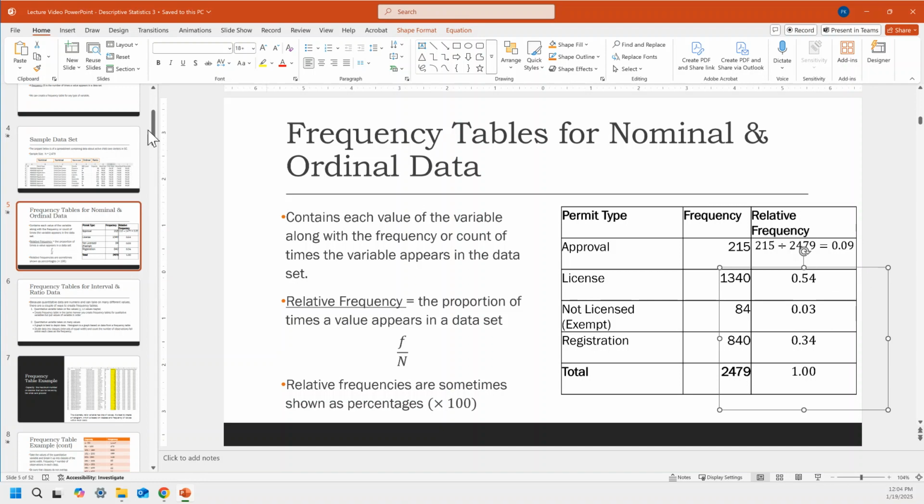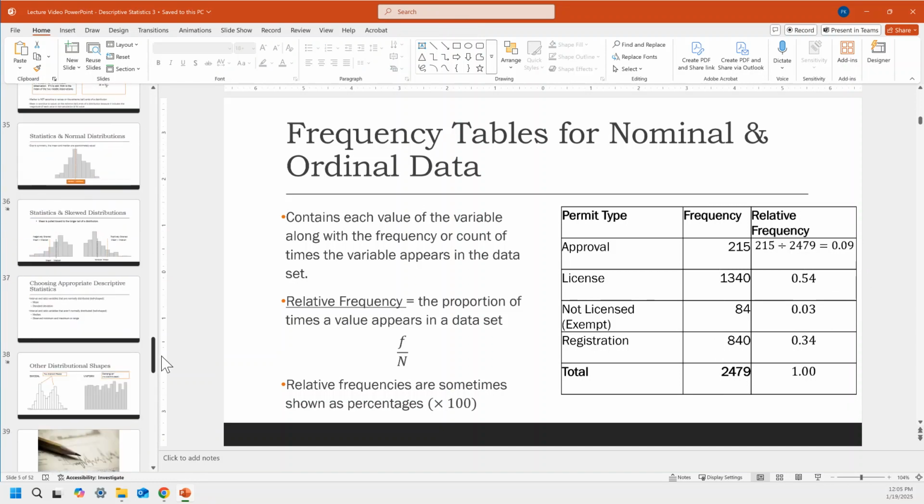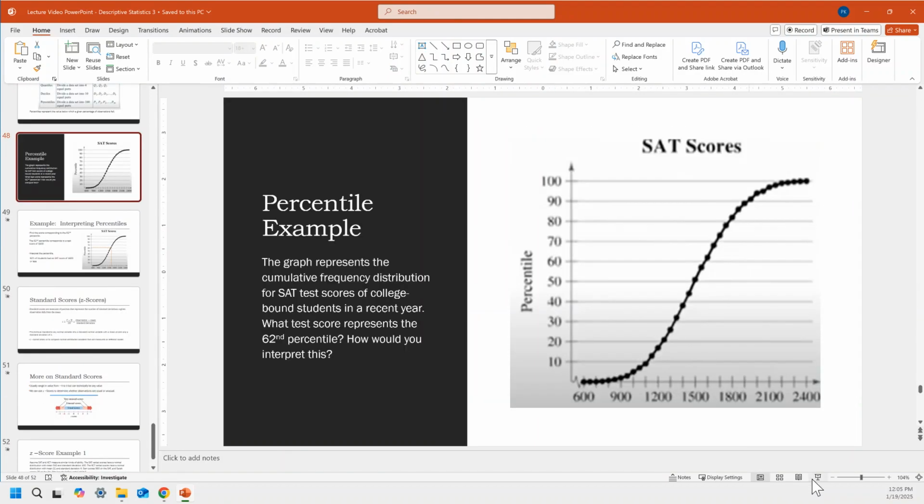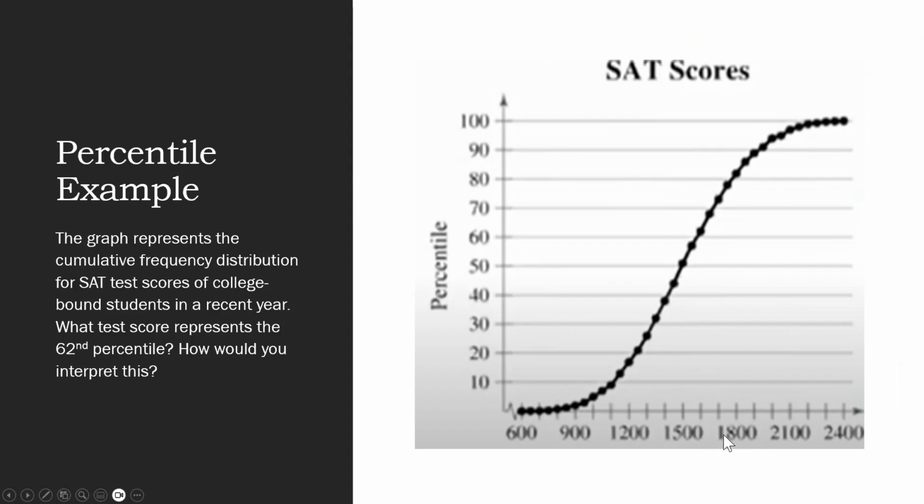In the example that we have with the SAT scores, they're doing that for all of the SAT scores, which are on our vertical axis. And so when I go and get the percentile, this percentile is going to be representing this score and all of the SAT scores before it.